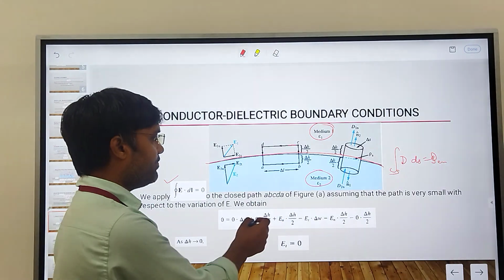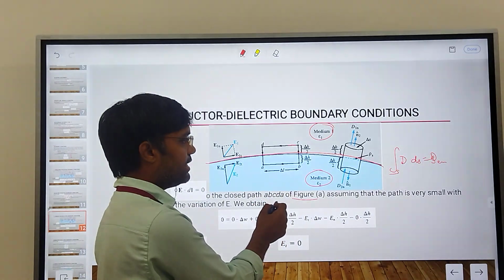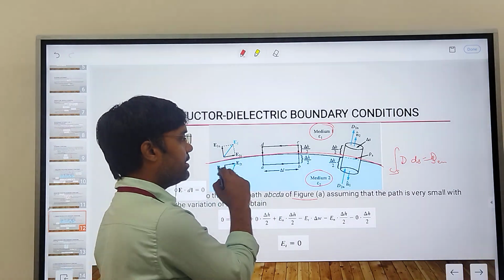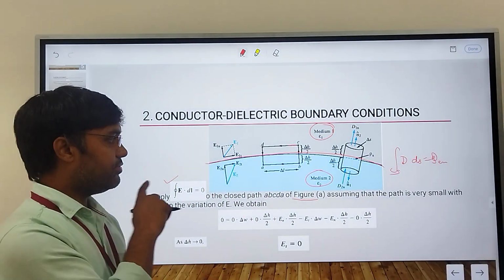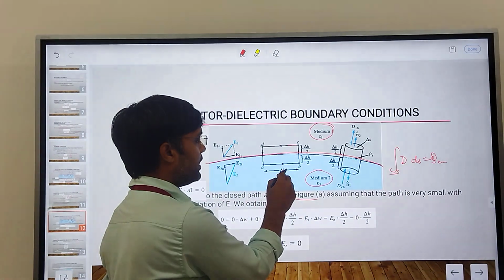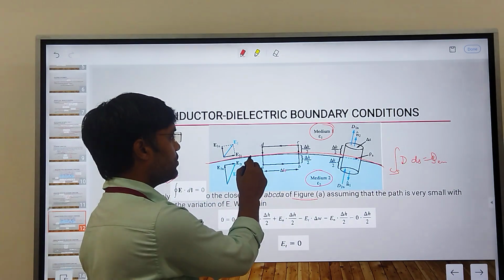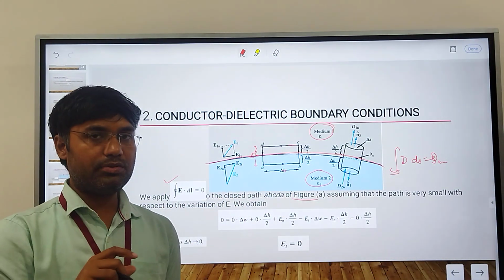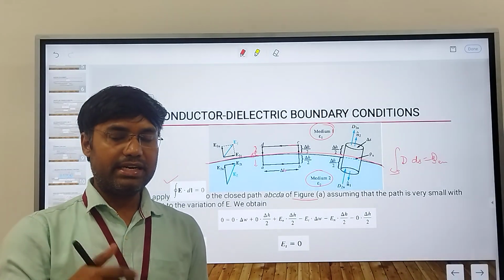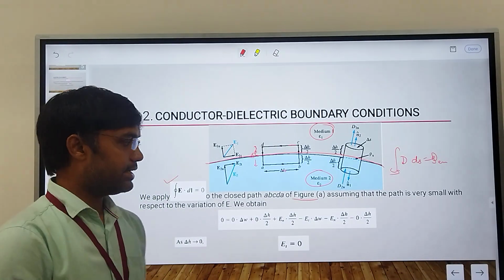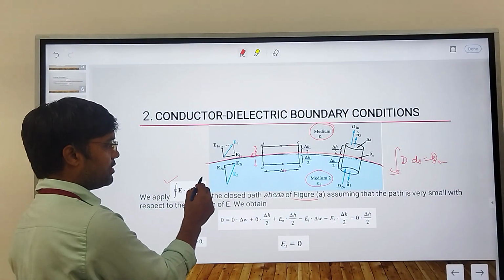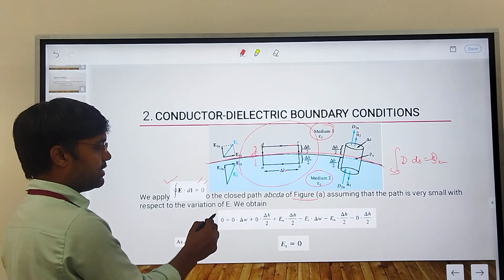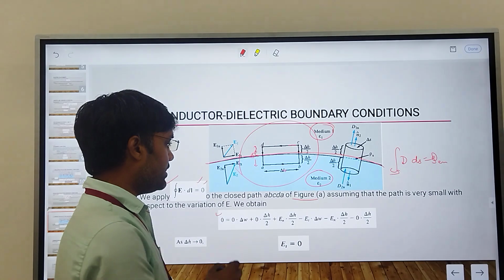In figure A, assuming that this path is very small, we have taken the path A, B, C, D, A. So the width is delta W and the height is delta H. This is the complete height delta H, which tends to 0, and at the boundary we have divided it into two parts, delta H by 2 and delta H by 2. After applying this equation in this figure, we have written 0 on the left hand side and E dot dl.